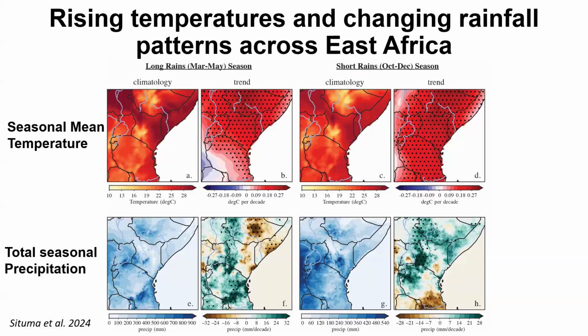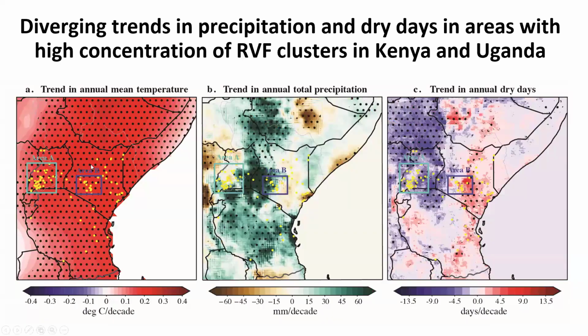If we look annually at these trends, and we put the clusters out here, these yellow dots represent where those RVF clusters were found. This is one area here in southwestern Uganda, and this is a second cluster in southwestern Kenya.